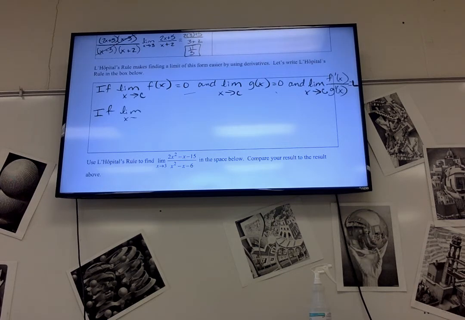The other one is if the limit as x approaches c of f of x is positive or negative infinity, and g of x is positive or negative infinity, then you can do that as well. Infinity over infinity is another indeterminate form, whether it's positive or negative.